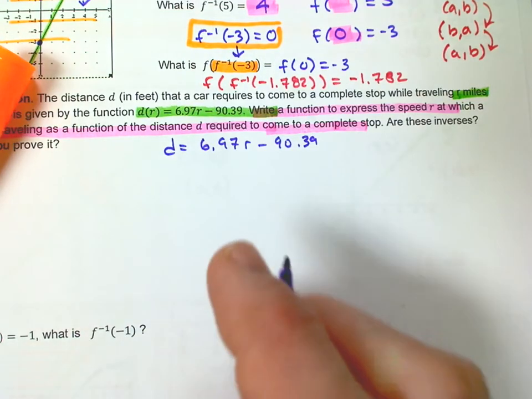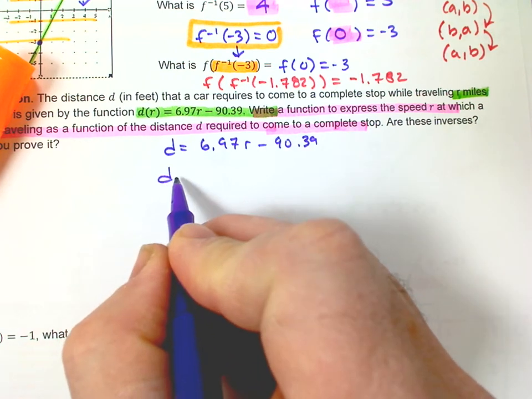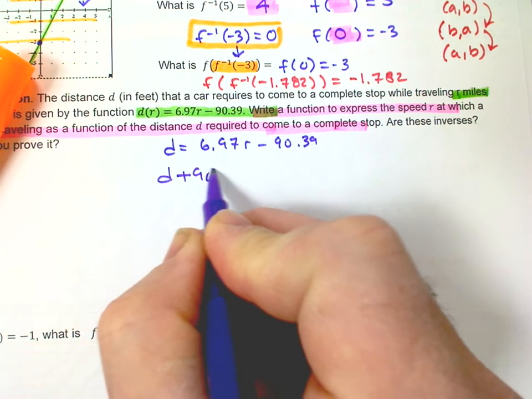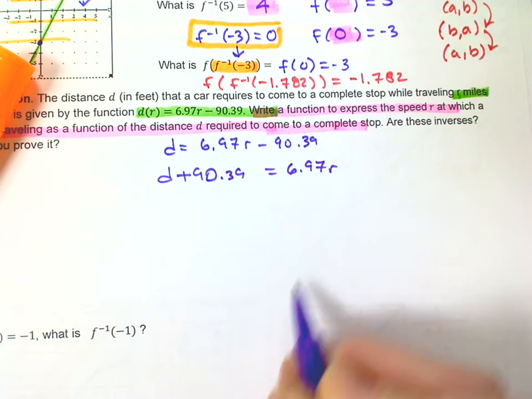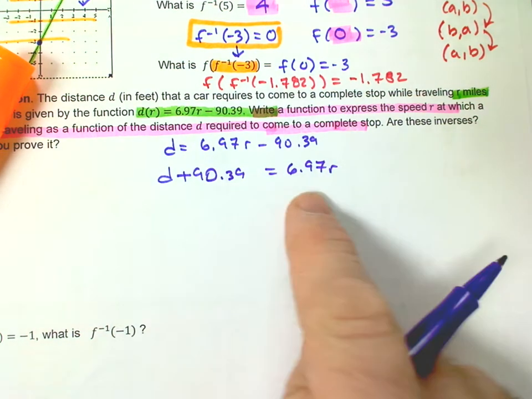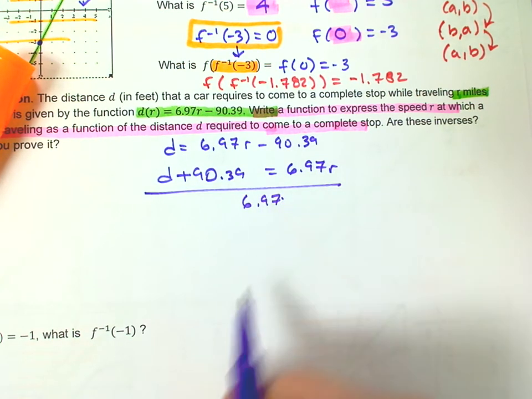So the first thing, obviously, what we're going to do is go ahead and add the 90.39 to both sides. Then we're going to go ahead and divide everything by 6.97.